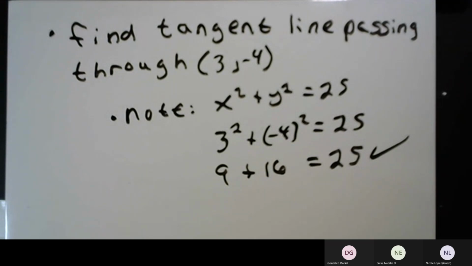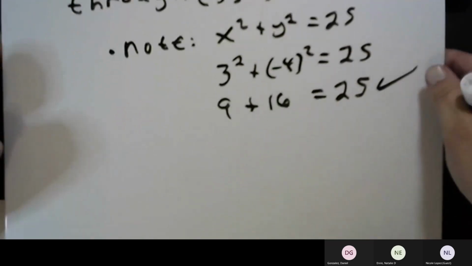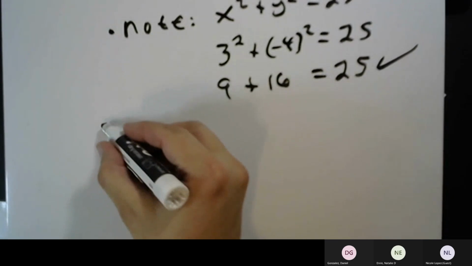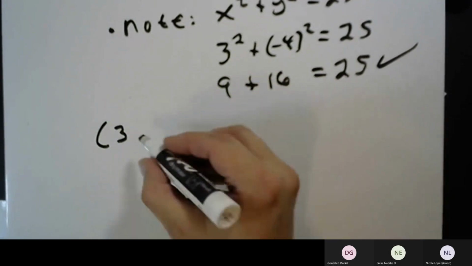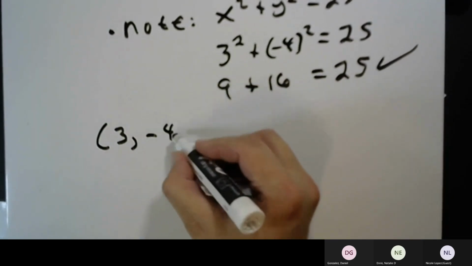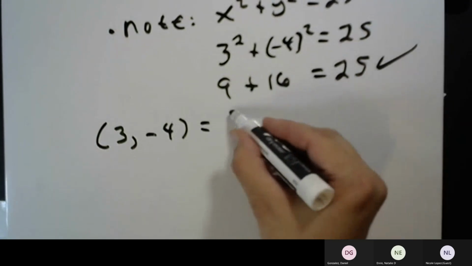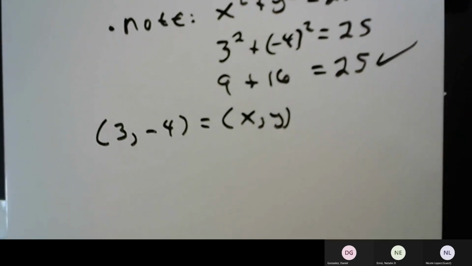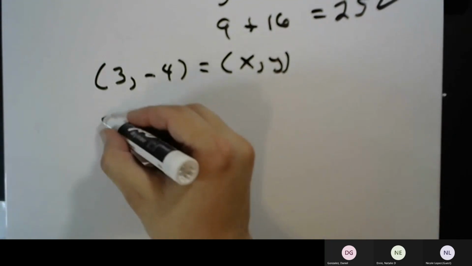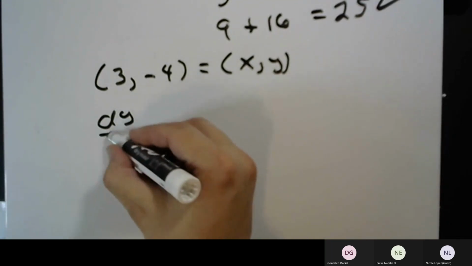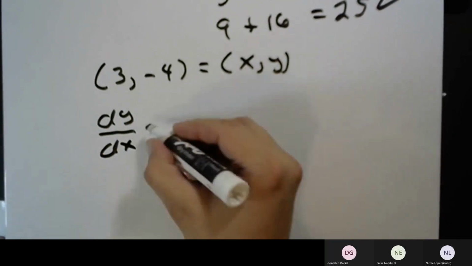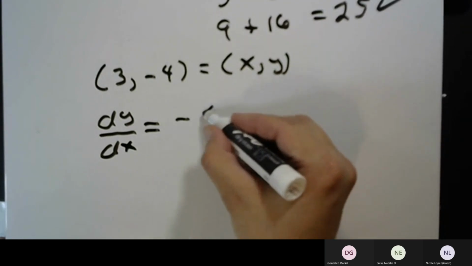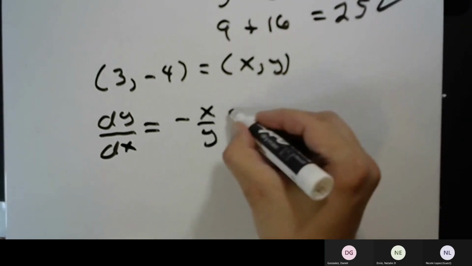Now, what we're going to do is this. Well, that's our x comma y. And then dy dx, well, that's negative x over y.